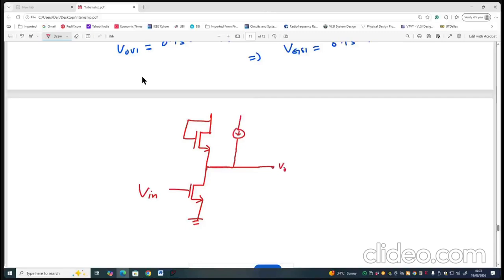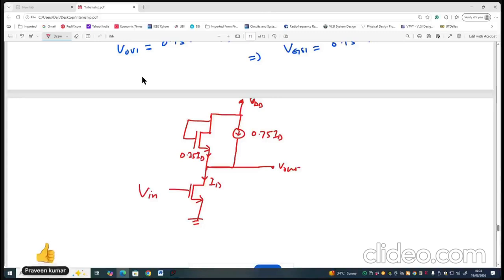And this is Vout, and this is VDD. So suppose this is ID, and suppose this is 0.75 ID, and the current through here will then be 0.25 ID. Do you understand?